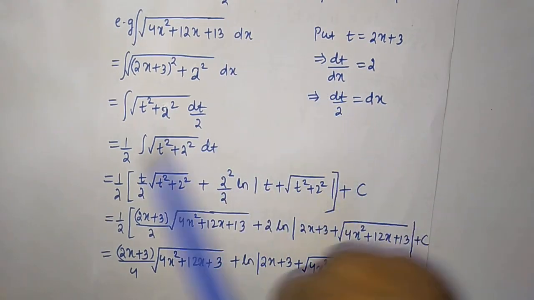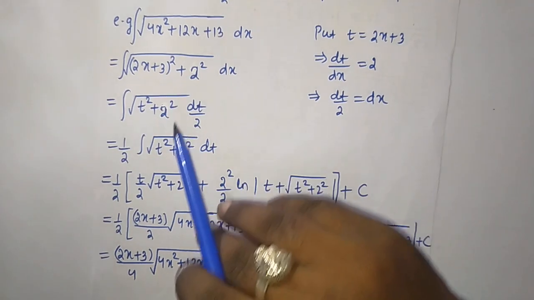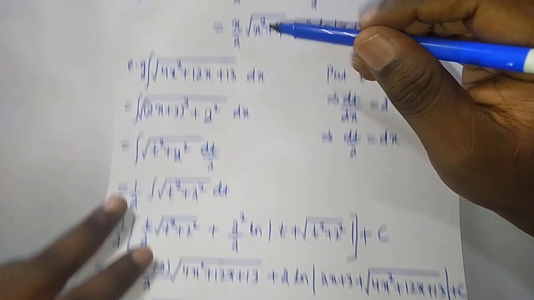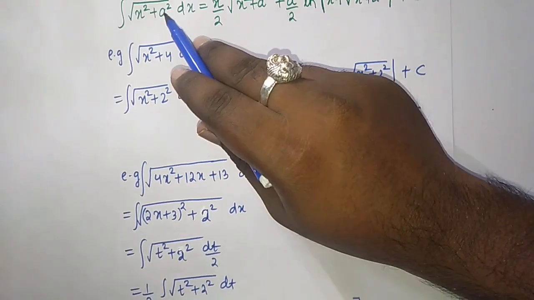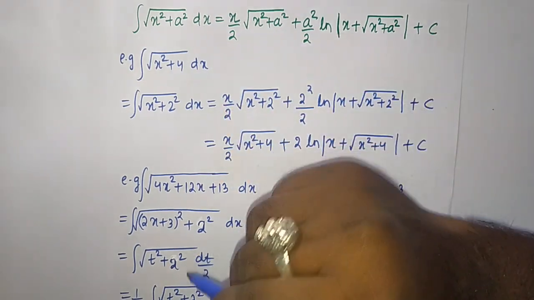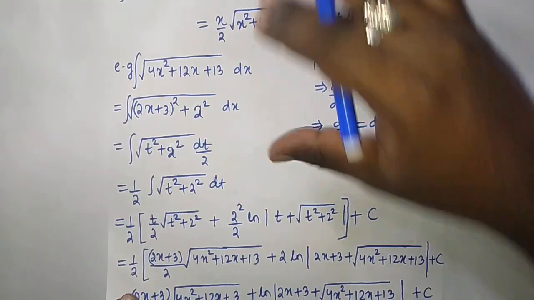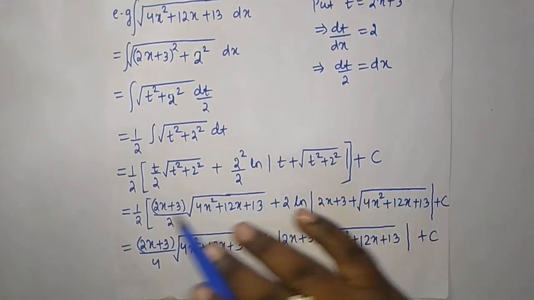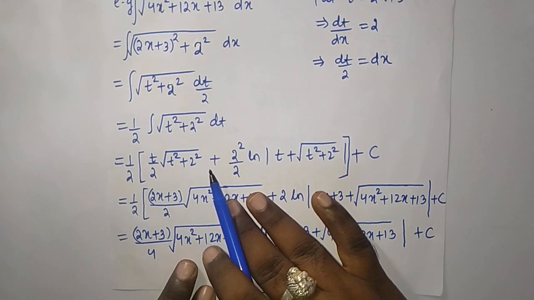Now this example converts into this general form. In place of x, t is there, and in place of a, 2 is there, so use this formula. Here I have used this formula. Now only simplify this.